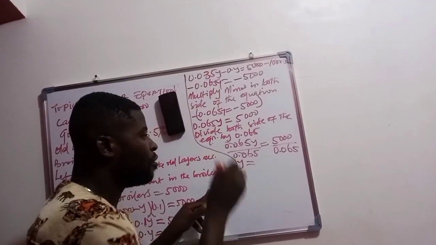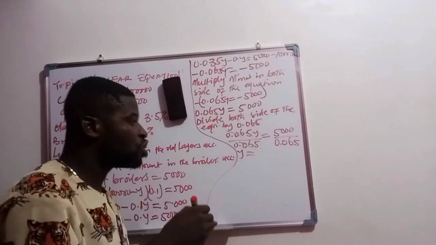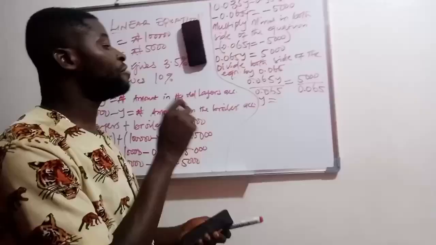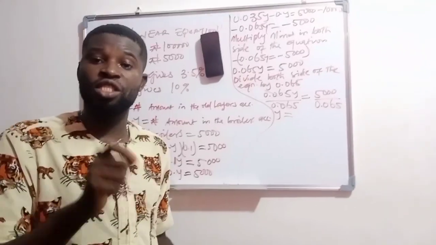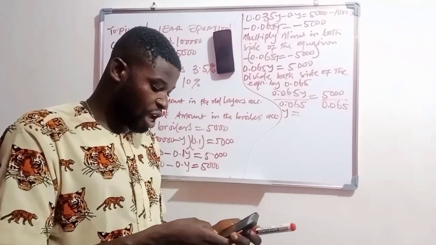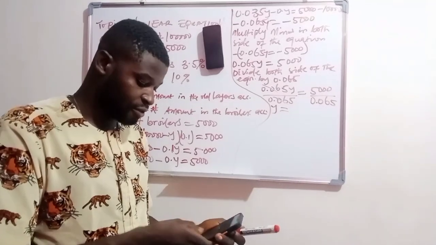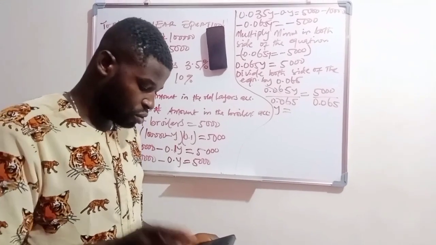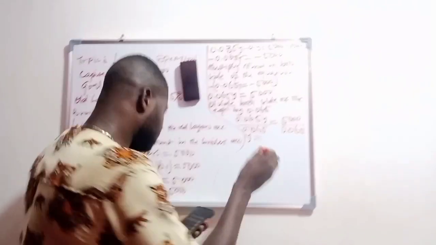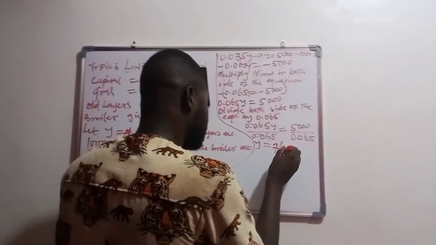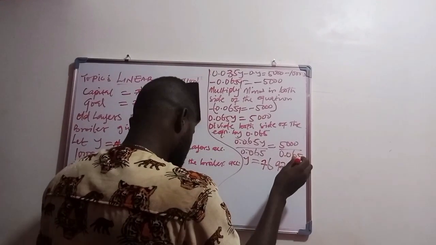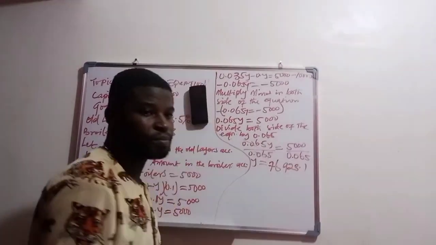y is equal to 5,000 divided by 0.065. Now 5,000 divided by 0.065 is equal to 76,923 naira 1 kobo.